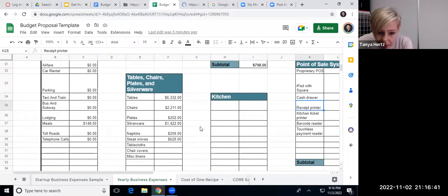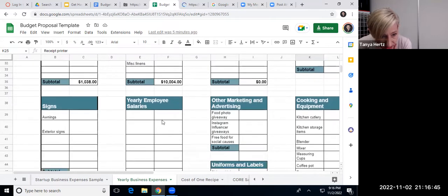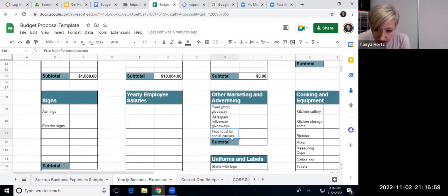Now, again, this is yearly because this was from a taxes perspective: employee salaries, signs, awnings, marketing, advertising. Maybe you're going to do a charitable food giveaway, and you're going to do a photo competition for that. All of those costs associated with it, you want to put those in there.